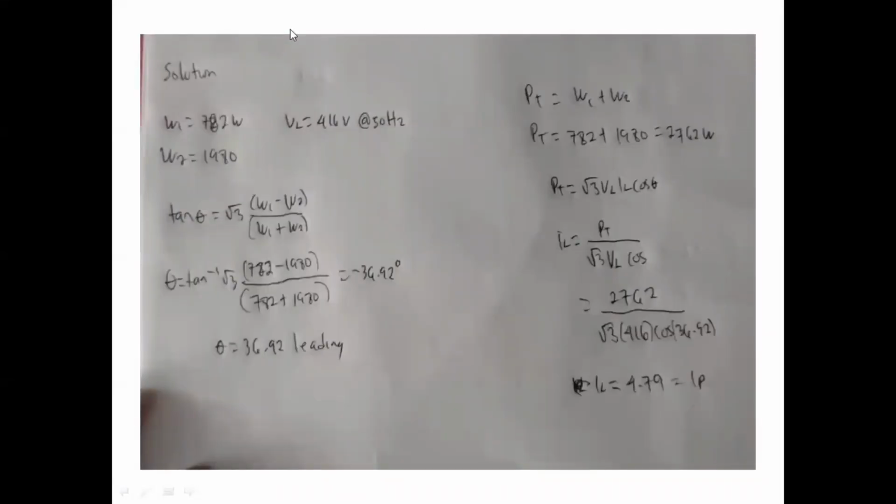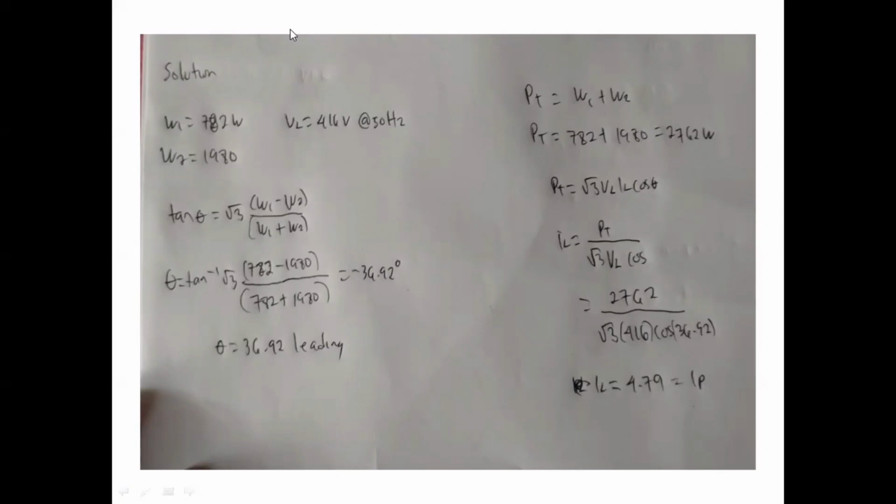Solution: watts 1 is 782, watts 2 is 1,980, then the line voltage is 416 volts at 50 Hz. Then tan theta is equal to square root of 3 times watts 1 minus watts 2 over watts 1 plus watts 2.